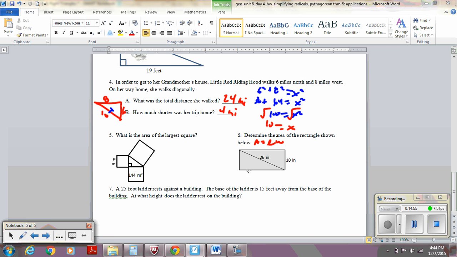So let's say this is x, and again, this will also be 10 because it's a rectangle. So that means x squared plus 10 squared is equal to 26 squared. Sorry, I forgot my 10 squared. So that's x squared plus 100 equals 26 squared.